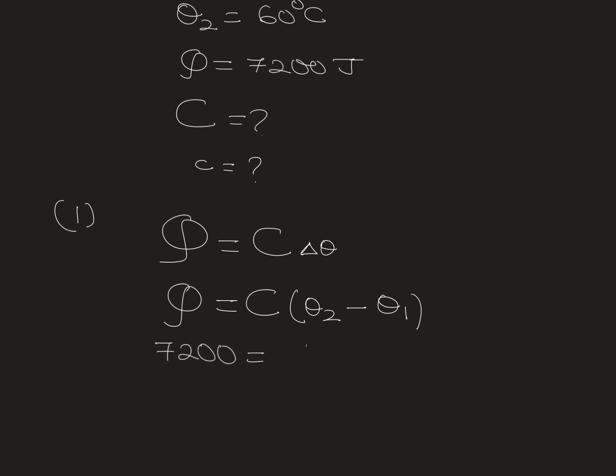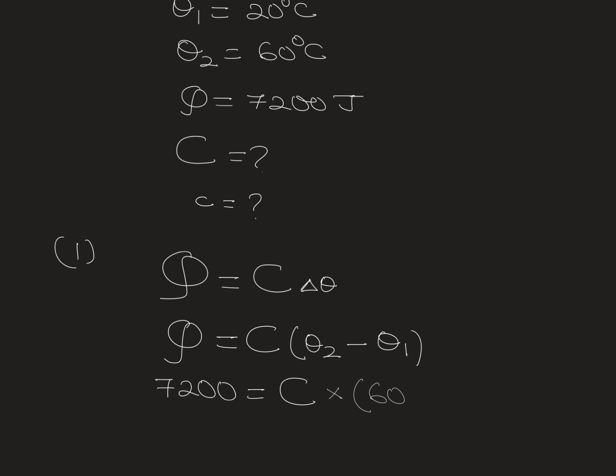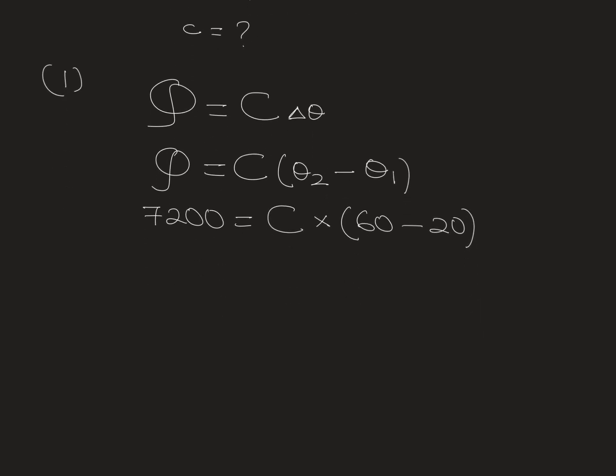This is equal to the heat capacity multiplied by the final temperature, 60, minus the initial temperature, 20. So 7,200 is equal to C multiplied by 60 minus 20, which is 40. So we have 7,200 is equal to 40C.